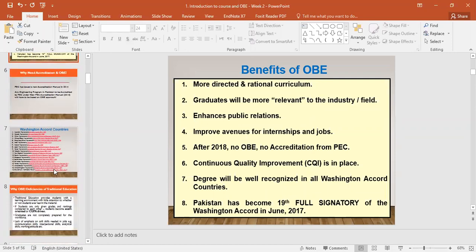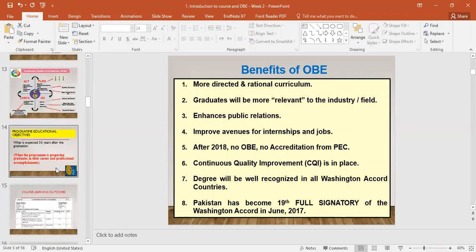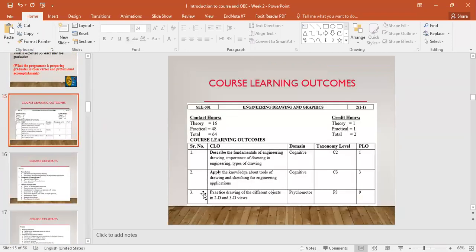For example, for this course we have these 3 CLOs. The first one is describe the fundamentals of engineering drawing, importance of drawing and engineering, types of drawings. It means that after the completion of this course, every student will be able to define these things.